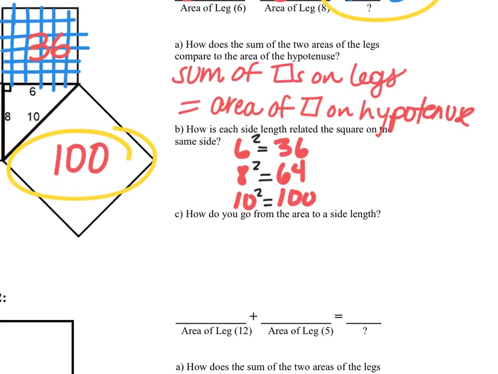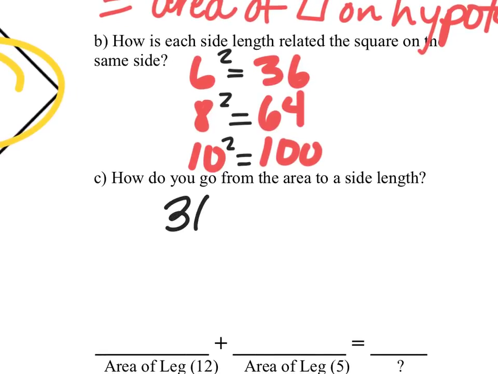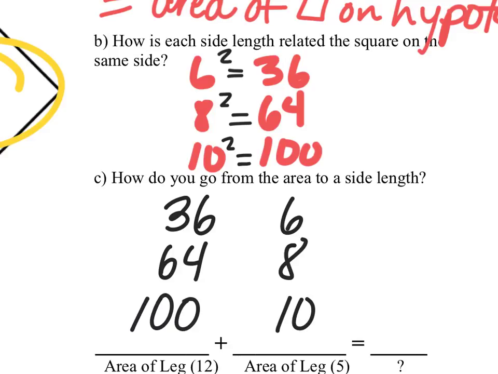And then the last question here. How do I go from an area to a side length? So now we're going the other direction. 36 to 6, 64 to 8, and 100 to 10.